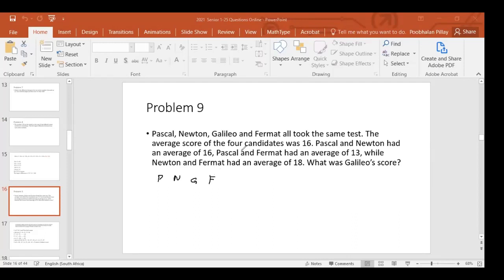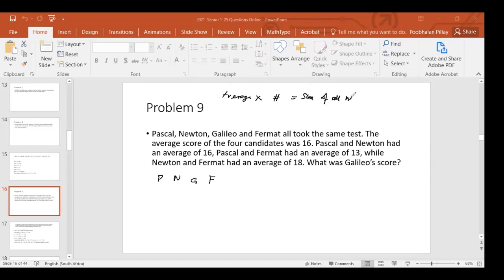Okay, now what do you mean by the average? When you work out the average, we have done this before, you add all the numbers and divide by the number. And an important fact is that the average multiplied by the number of numbers that you're adding is actually equal to the sum of all the numbers.